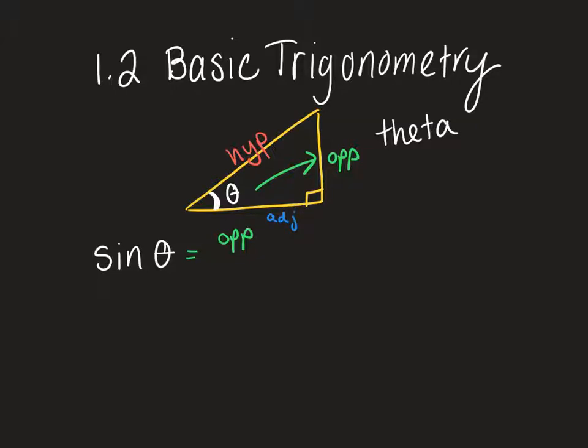I'm going to move this down a little bit. All right, so sine is always going to be opposite over adjacent. No, over hypotenuse. Sorry.